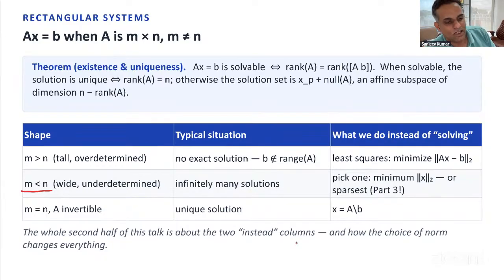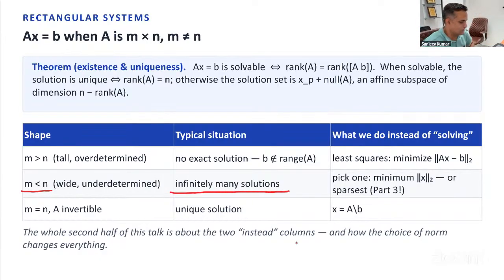So such a system is called an underdetermined system. And you know, when we have few equations and more unknowns, we will have infinitely many solutions. And in case of infinitely many solutions, we pick a solution which minimizes the norm.